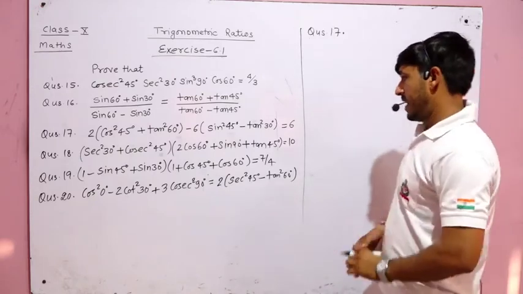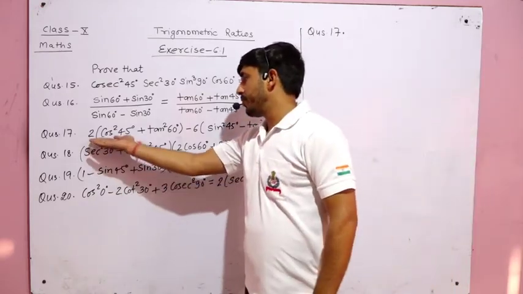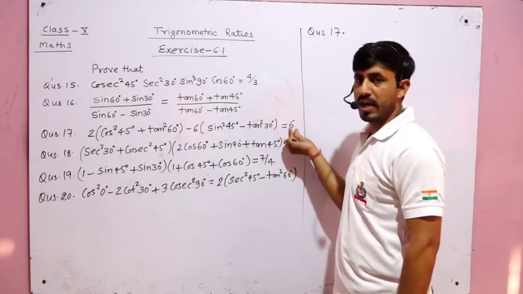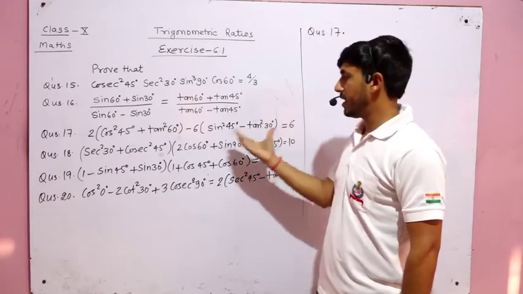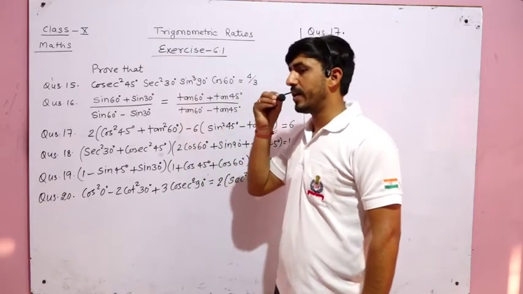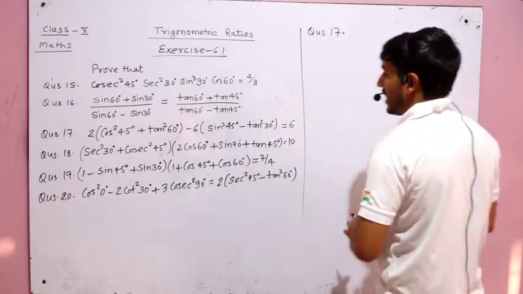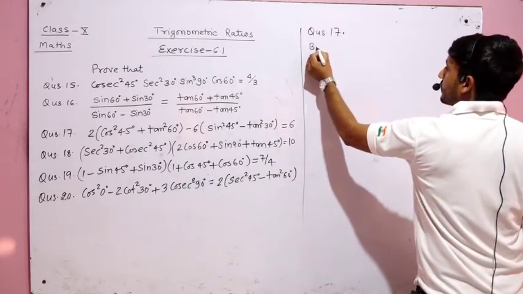Okay, as you can see, we have to prove this side equal to 6. It means there is a value we need to find, and here the given functions are trigonometric ratios. Then first we are taking one side as LHS.